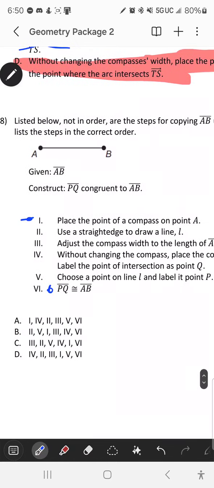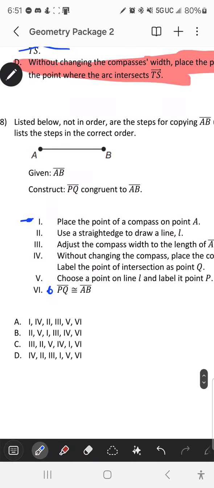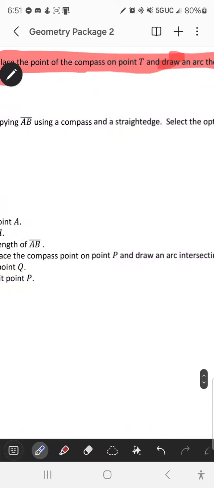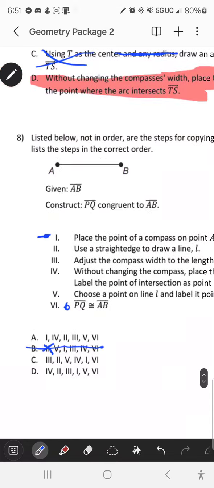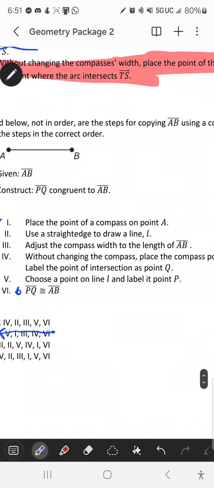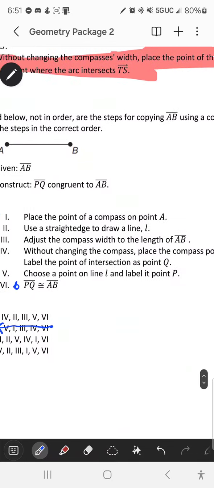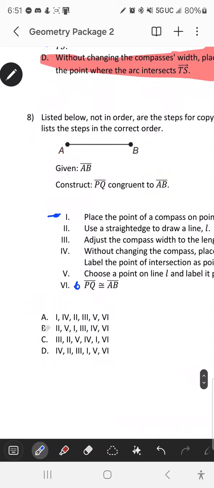Using a straight edge to draw line L. And why are we going to do this? This is of course not the one we need. We don't even have anything drawn yet, so we cannot draw line L. Actually, wait.